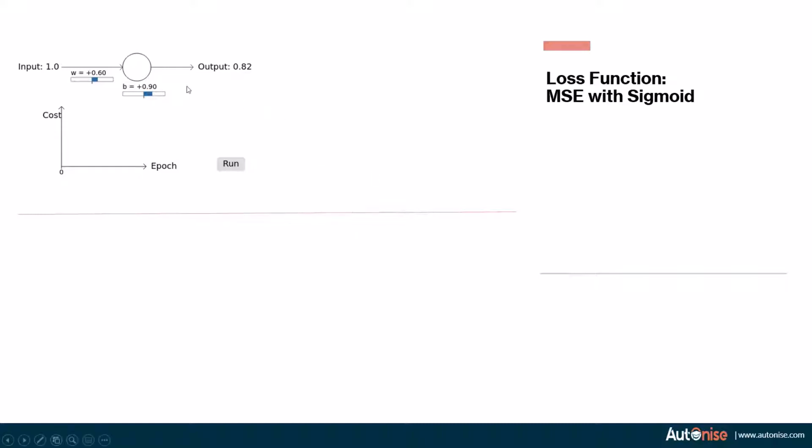Initially, with the random initialization, the output is 0.82. As we want the output to be 0, in a sigmoid function, the output is 0 when the input is minus infinity. To have the input to the activation function equal to minus infinity, we should have the weight as a very large negative number and bias also a very large negative number.